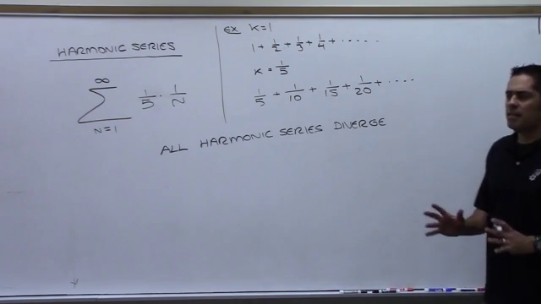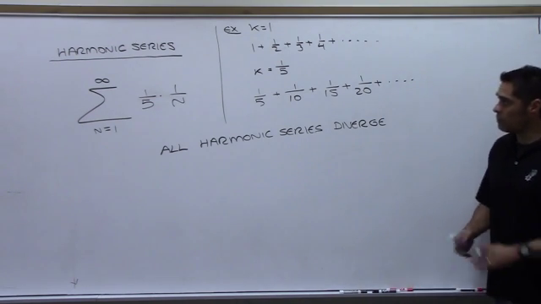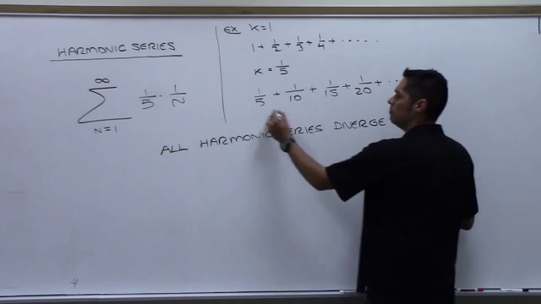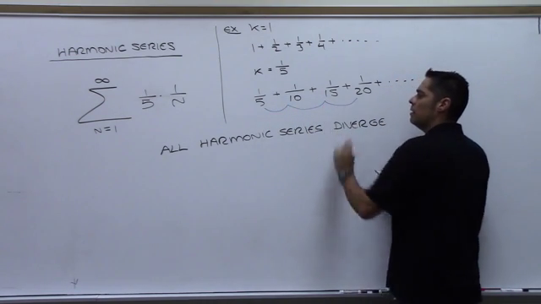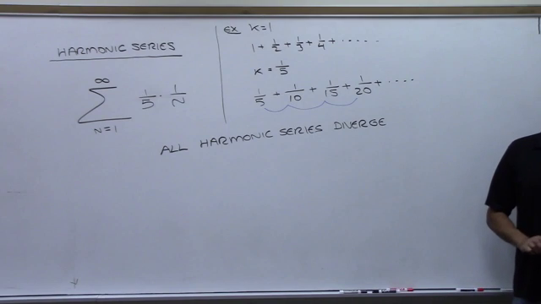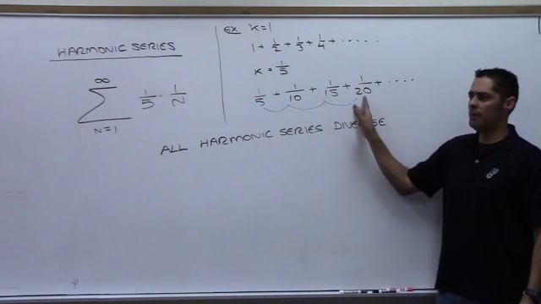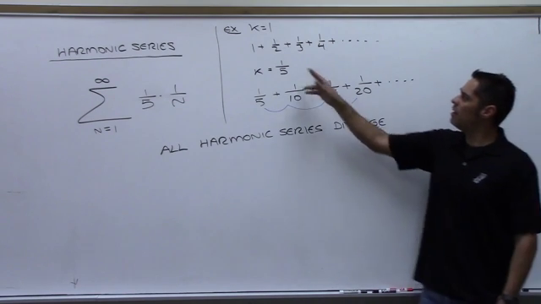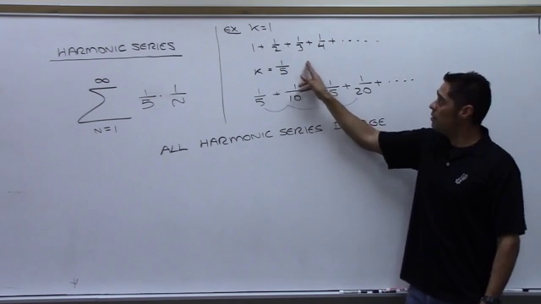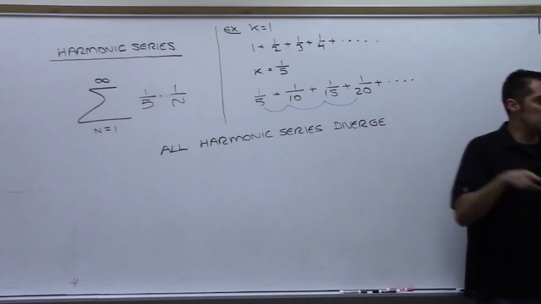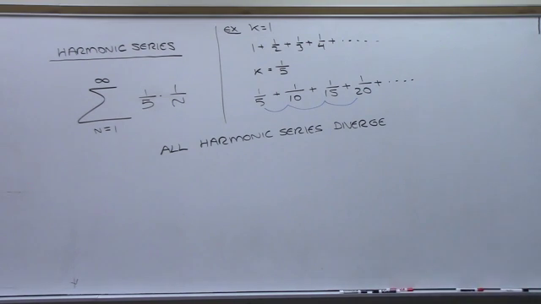Here's the basic idea behind a harmonic. If your denominator is growing linearly, right? This is going up, what, by 5 each time? 5 each time? That's linear growth. Here, the denominator is going up by 1 each time. So if your denominator keeps growing by a linear factor, then it's harmonic.